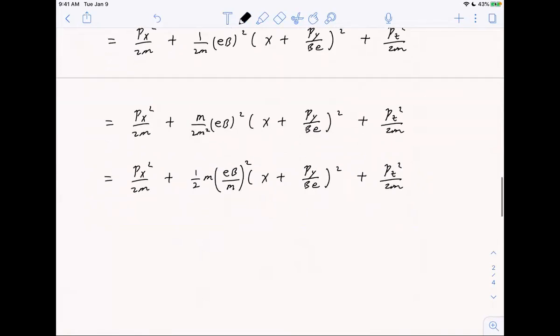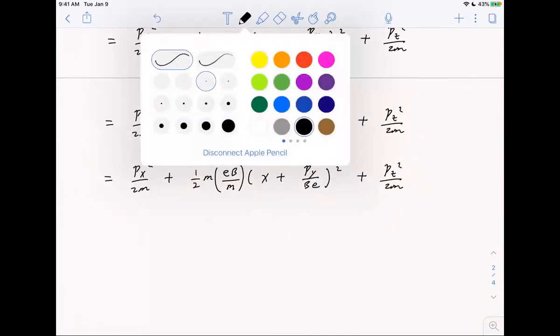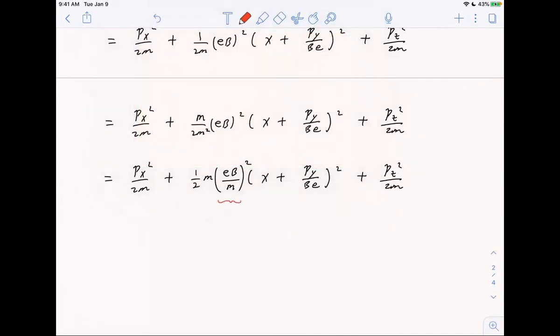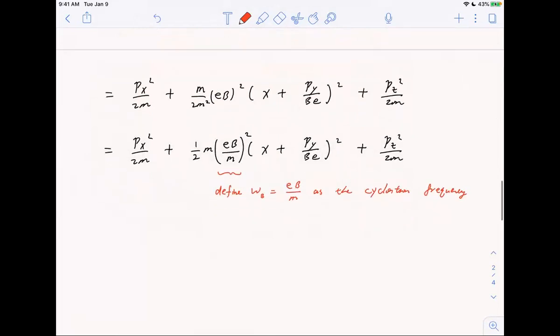We define this as omega B, the cyclotron frequency.